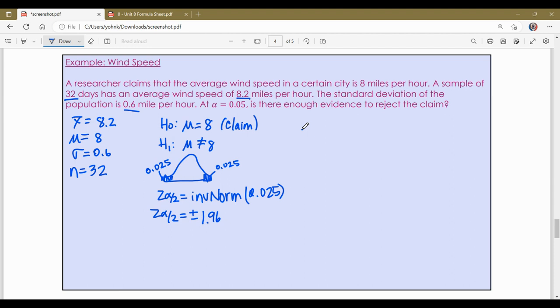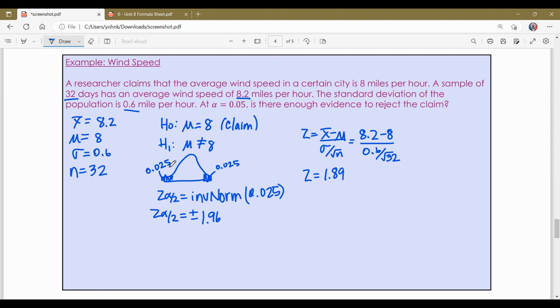I only calculate one test statistic: x bar minus mu over sigma over root n. So we have 8.2 minus 8 over 0.6 over root 32. This gives us a test statistic of 1.89.